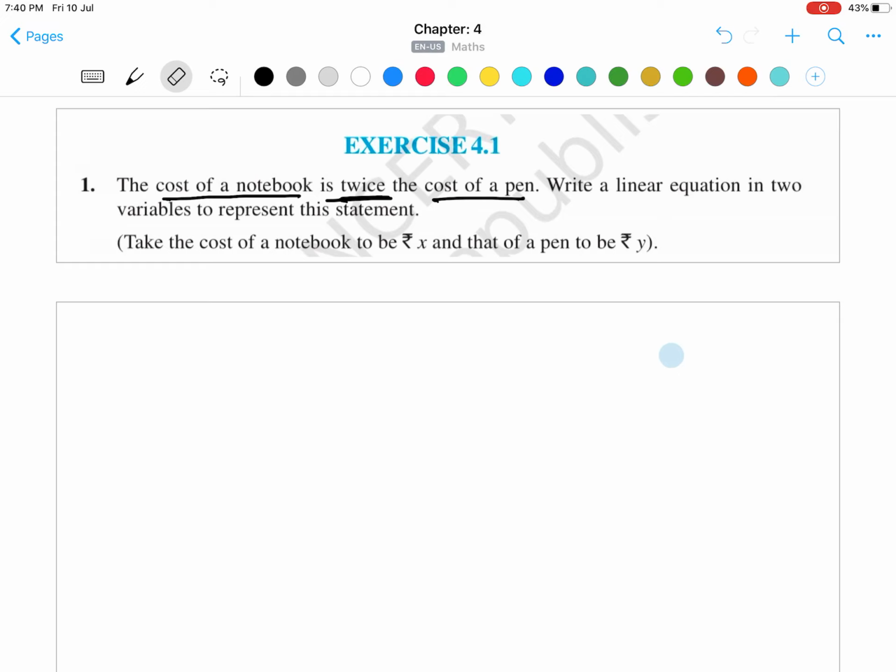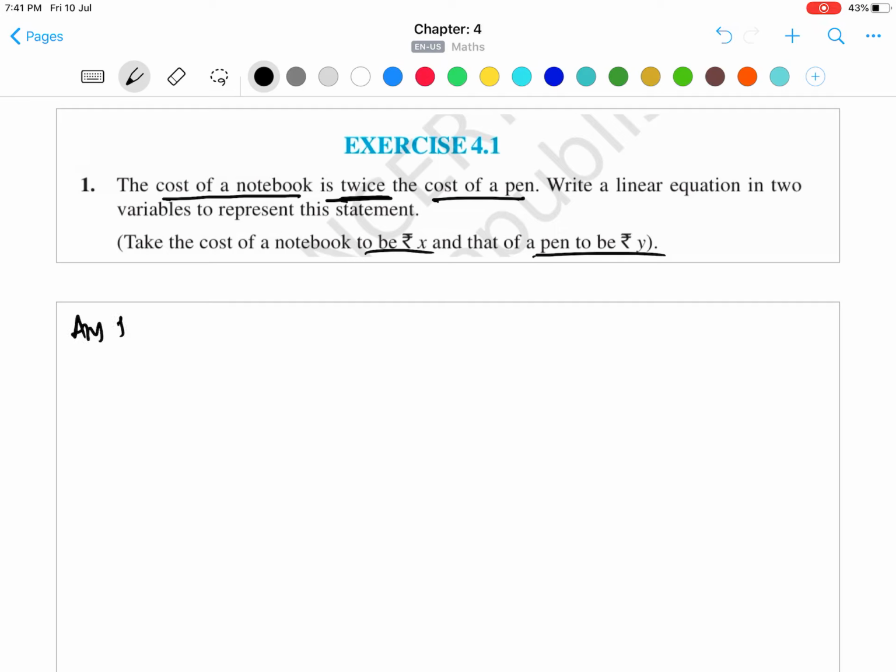Okay, now let's write a solution. You are given a hint that take the cost of a notebook as x and the cost of pen as y. It's not necessary to take these, you can choose any other variable for cost of notebook or cost of pen. Okay, it's not only limited to x and y, you can choose any variable of your choice. Okay, so let's write its answer.